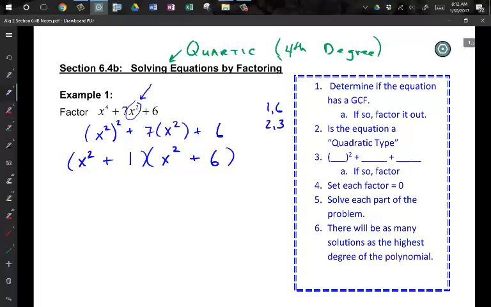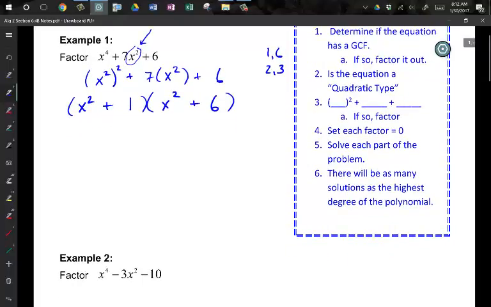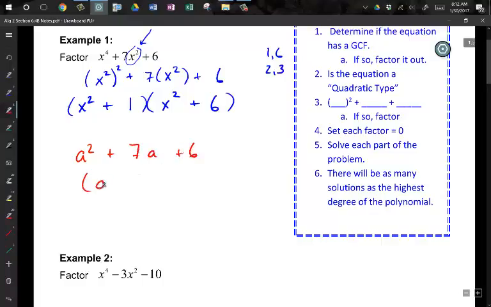Right. Because this is really just like a problem had we had this: a squared plus 7a plus 6, and that would have factored to a plus 6 and a plus 1. And our a, in this case, is x squared. Okay. That's all. And if you saw this red one, you would have no problem with that, true?